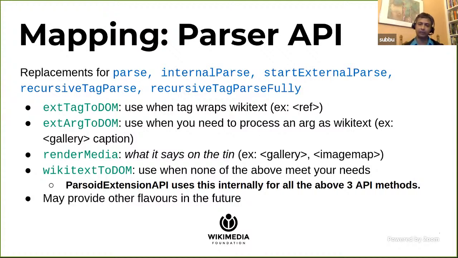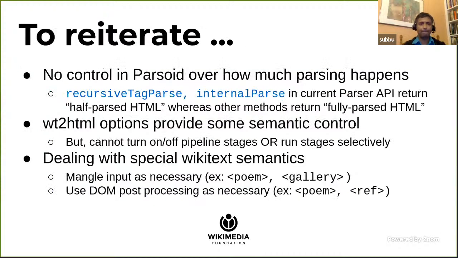For example, the gallery and image map extensions use this. But if none of these 3 flavors meet your need, then use the bare bones wikitext to DOM method. So internally, this is used by the above 3 flavors that I presented there. And in the future, we may provide additional flavors based on feedback that we get.